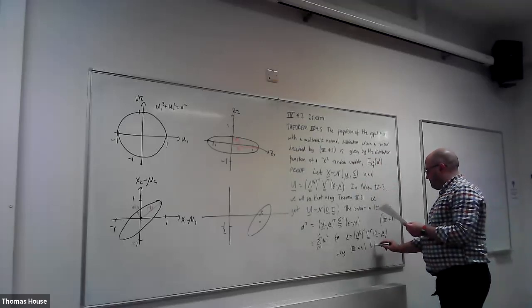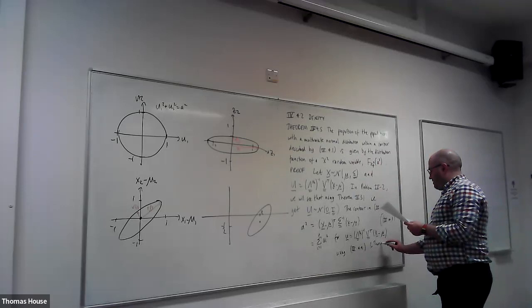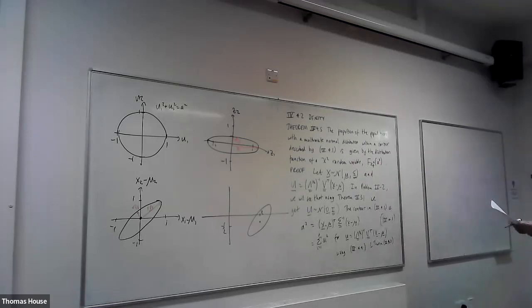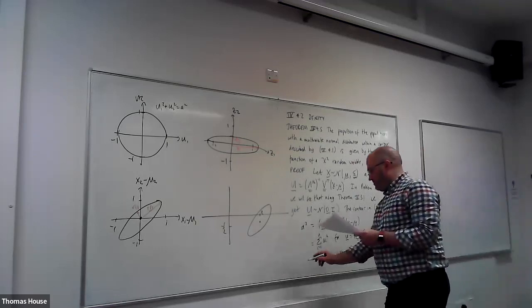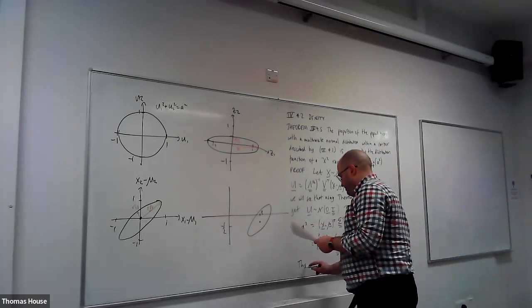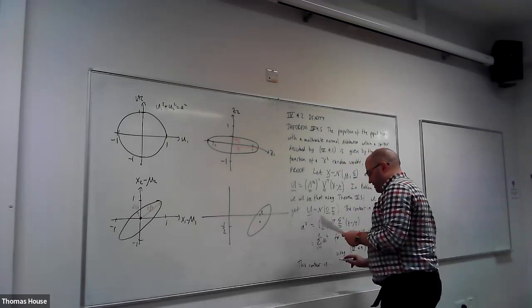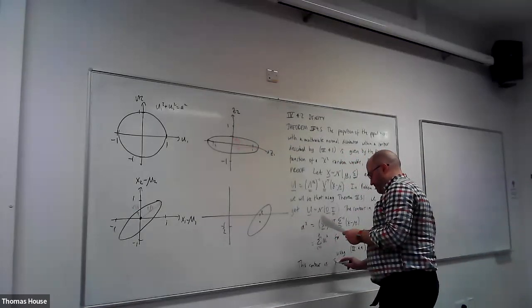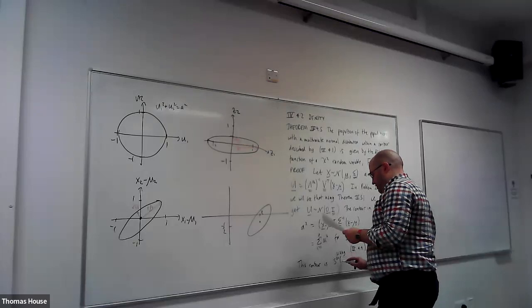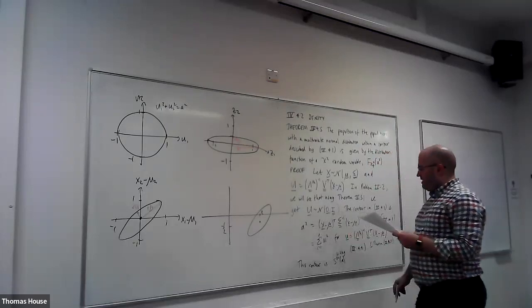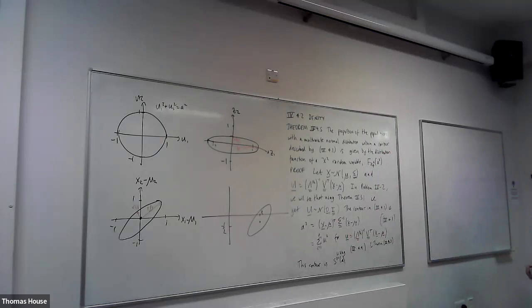And we saw that this contour was the p minus 1 sphere of radius a.